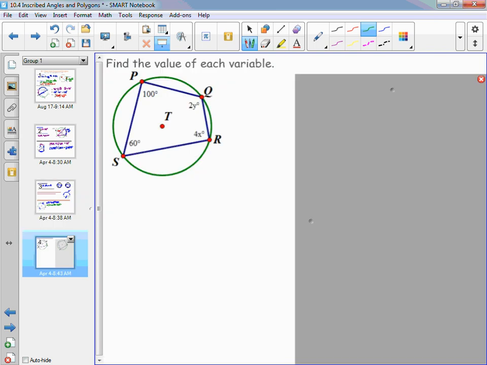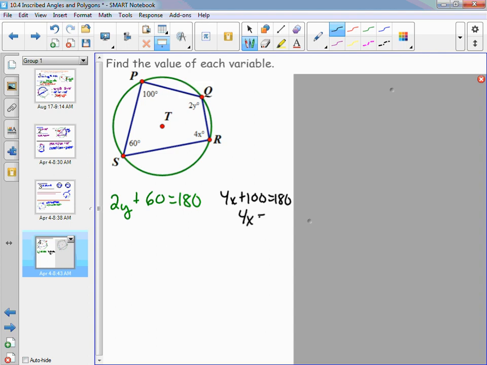All right, two last examples. Find the value of each variable. Again, we know the opposite angles are supplementary. So we know that 4x plus 100 equals 180, as well as 2y plus 60, and then we just need to solve each of these.